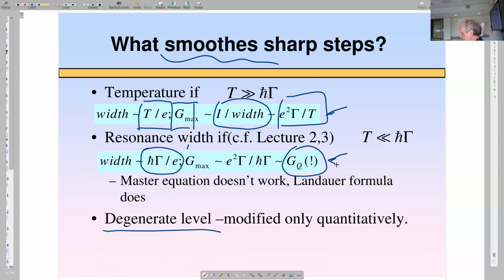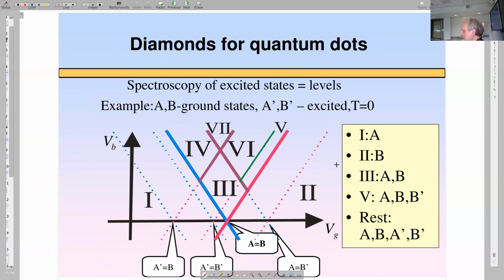Am I done with transport? Okay, it's also useful for homework. Let me just shortly mention what will happen if I take excited states in the dot. If the bias voltage is low, then here is the resonant tunneling regime. We talked about this.